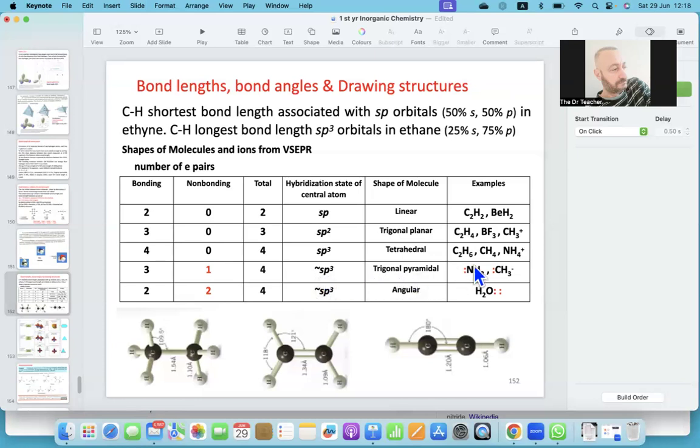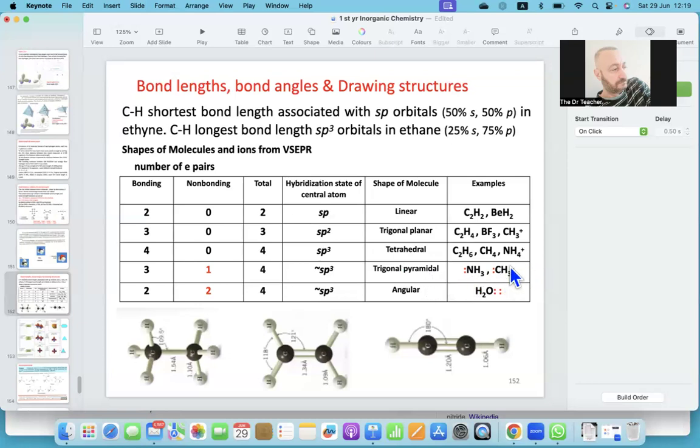Trigonal pyramidal, in this case. It's not tetrahedral. It is like sp3 tetrahedral, approximately tetrahedral if we ignore the lone pair. If you ignore the lone pair, it will be tetrahedral, but this lone pair is positioned to the top of the molecule, and it gives the shape trigonal pyramidal.